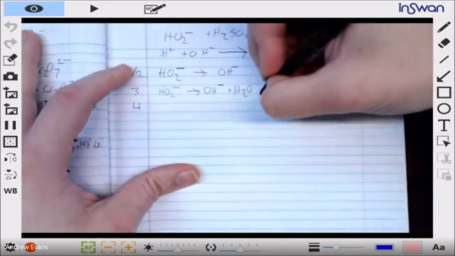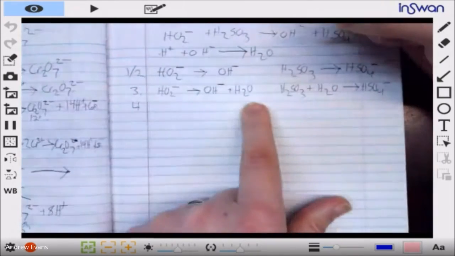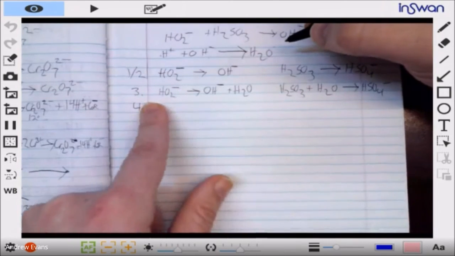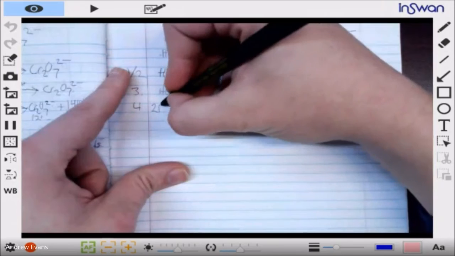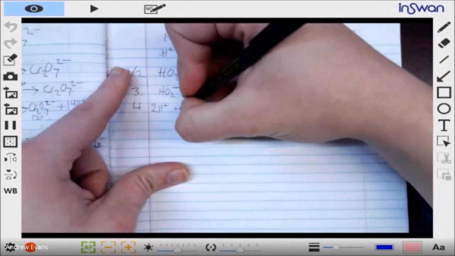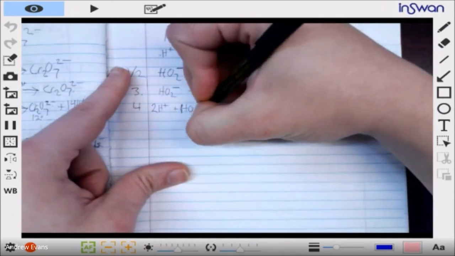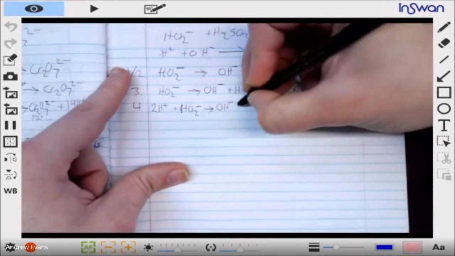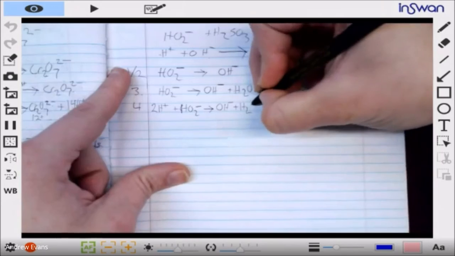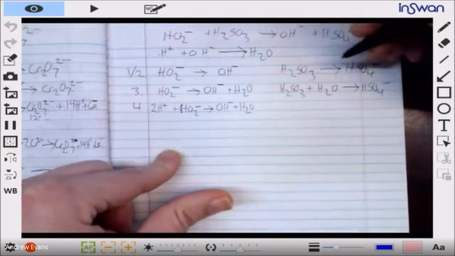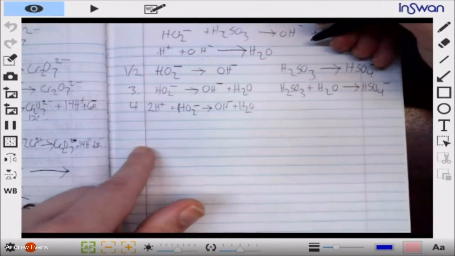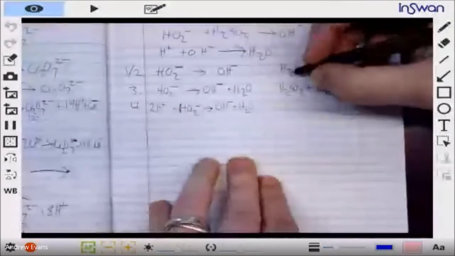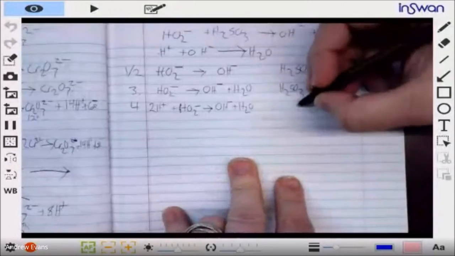Step 4, we add hydrogens. We have 3 hydrogens on the right, 1 hydrogen on the left. We are going to have to add 2 protons. Now, as I said, we could be adding base in here at this point, but it's going to make this a whole heck of a lot more complicated, because when we add base, we're adding an O and an H, and it makes it a whole heck of a lot messier when it comes to trying to balance this.